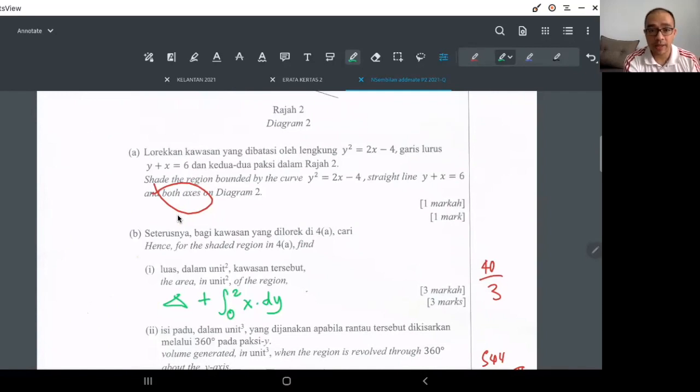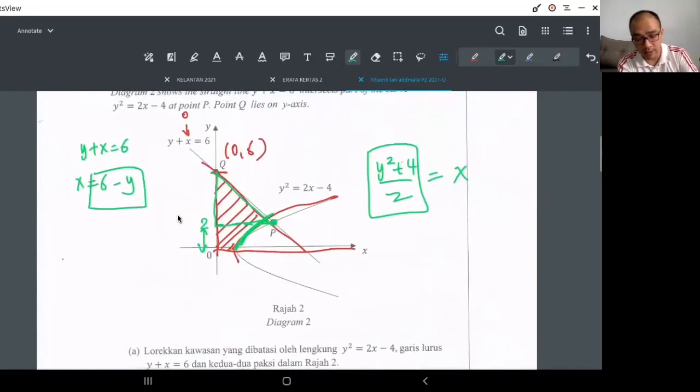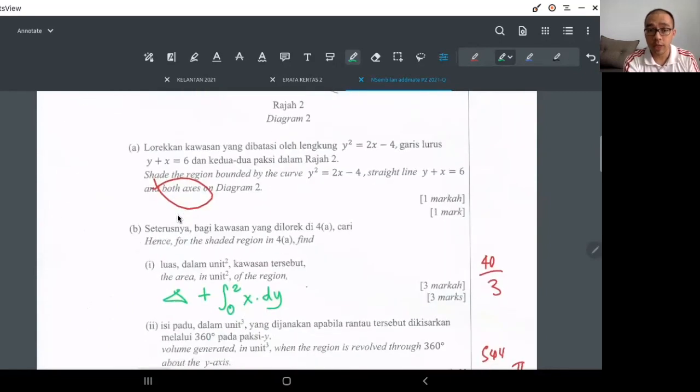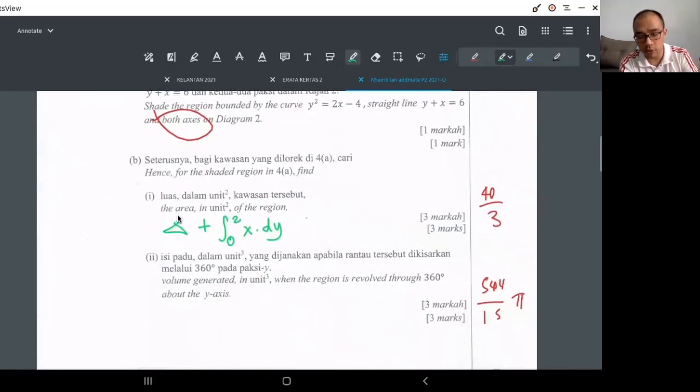Since we already did this in x, this makes it much easier. So this will be half y squared plus 2 equals to x. Integrating this is much easier. Once you do that and substitute everything correctly, you should be able to get the answer 40 over 3.